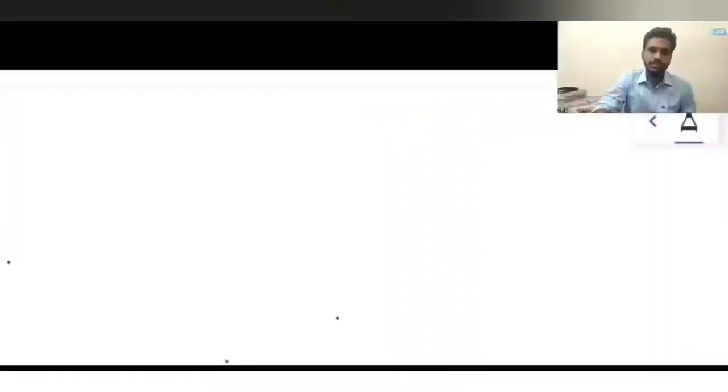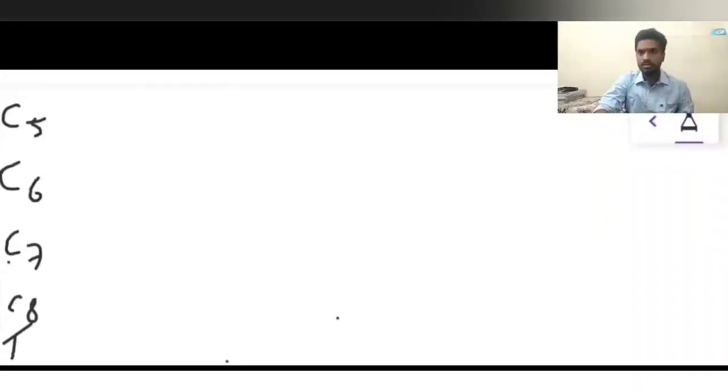It was C5, C6, C7, C8, and T1. So these were the roots, the R of RTDCB. The R is roots: C5, C6, C7, C8, T1.